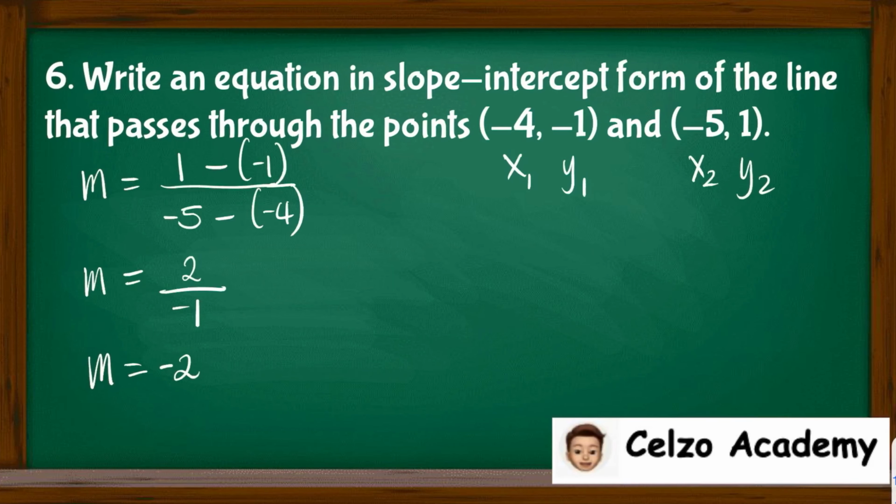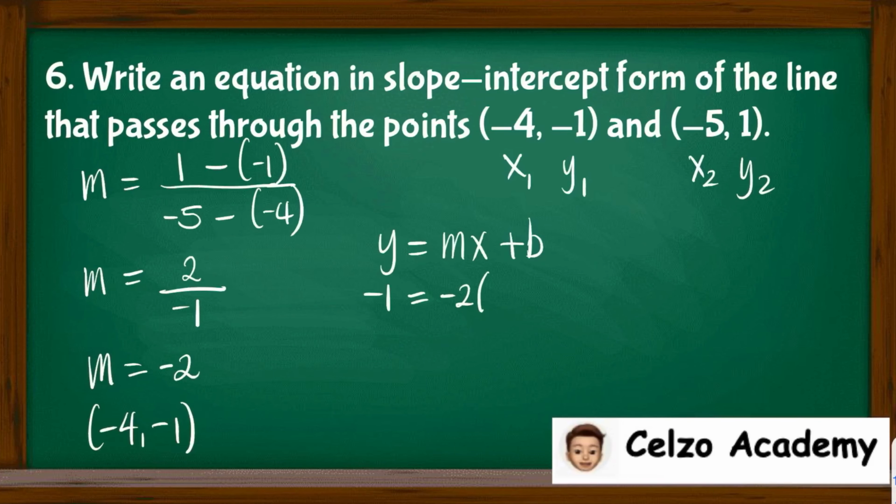I will use the first point, (-4, -1), and the slope, -2, to calculate for the y-intercept. So y equals mx plus b. We substitute y is -1, m is -2, and x is -4, plus b. Simplifying this, we have -1 is equal to -2 times -4 is positive 8 plus b.